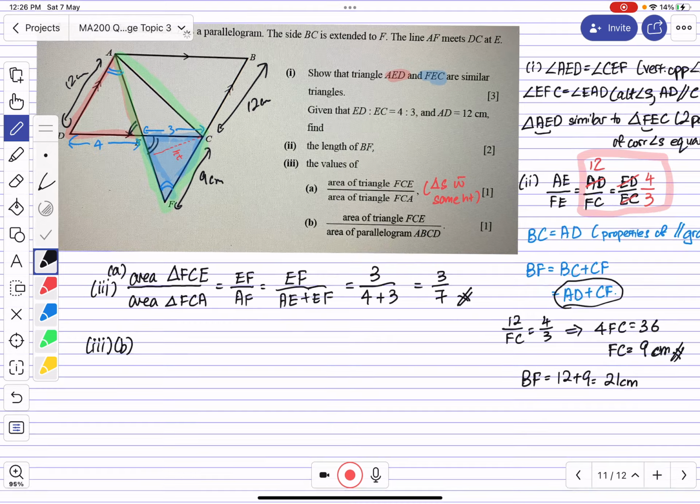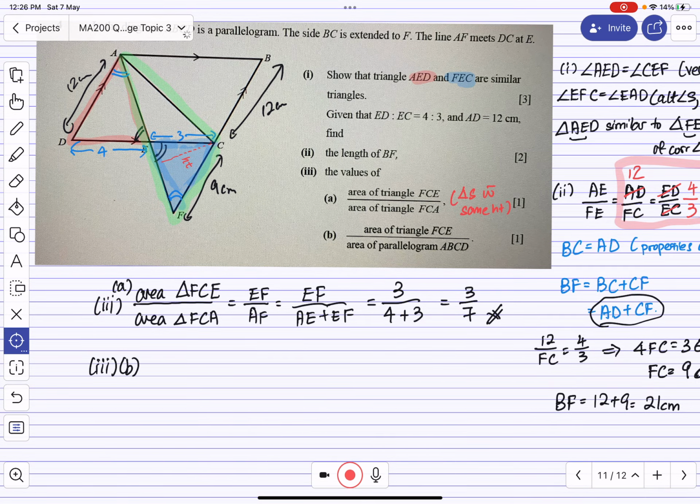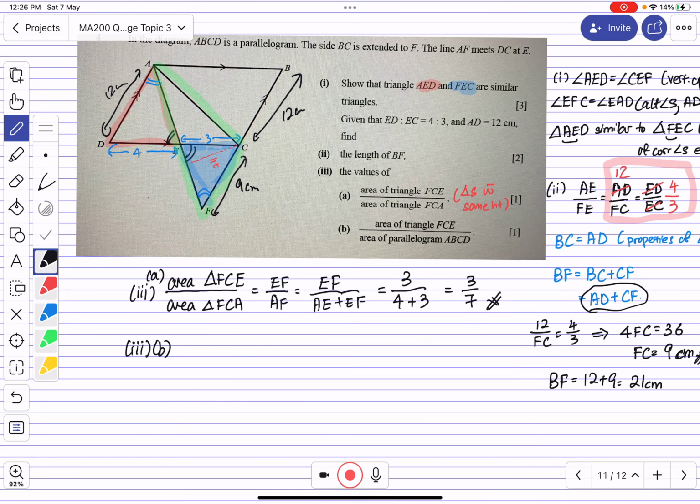when we look at the different triangles, if we look at the one in FCE here, it represents 3 units, and FCA represents 7 units. I can say that now the area of triangle FCE to the area of triangle ECA.